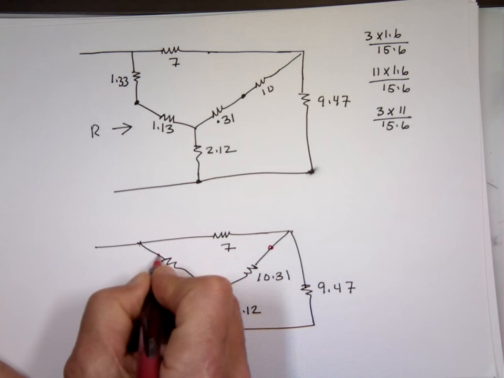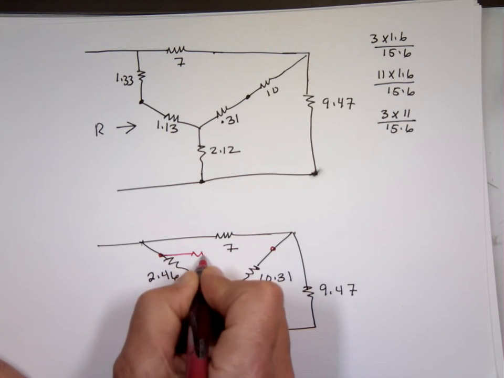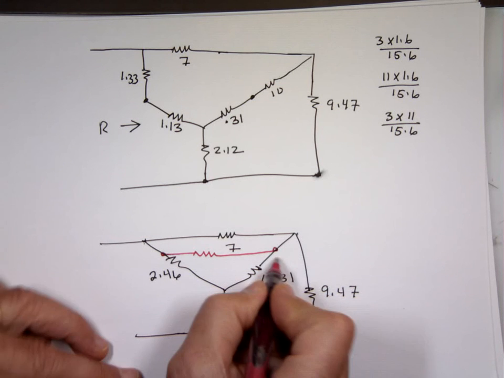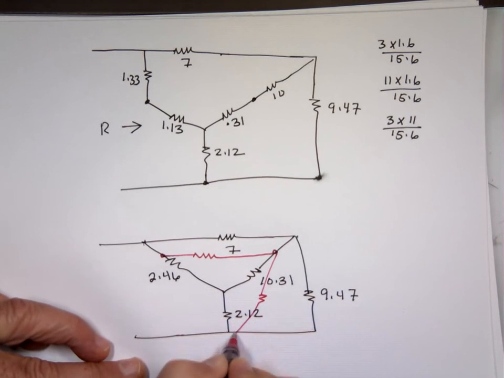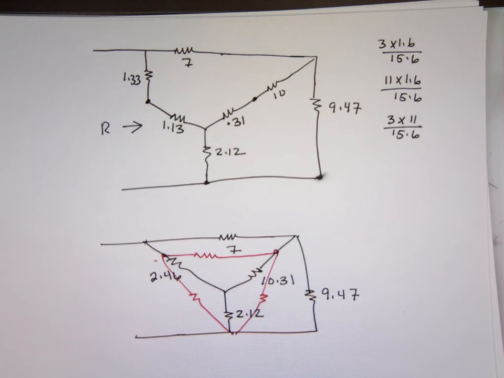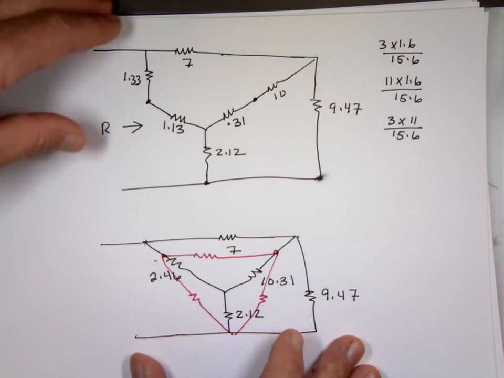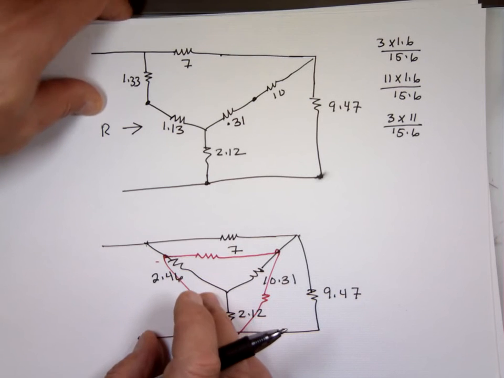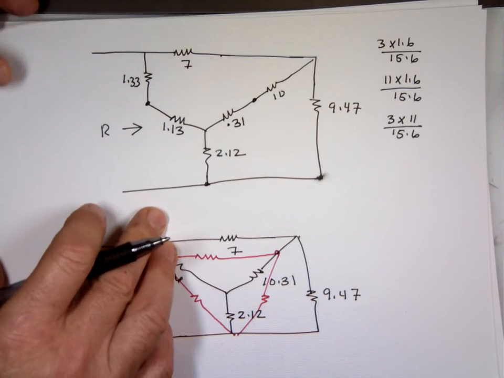I'm going to replace it with this, this, and that. So these 3 resistors will disappear, get replaced with this. Or I could have taken the delta and made it Y, probably same thing, less work for me, but the top is going to be the same for all of them.